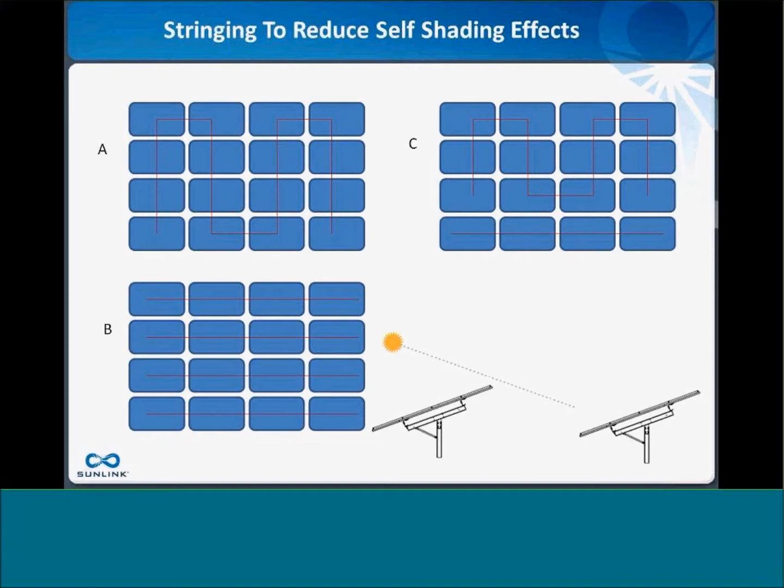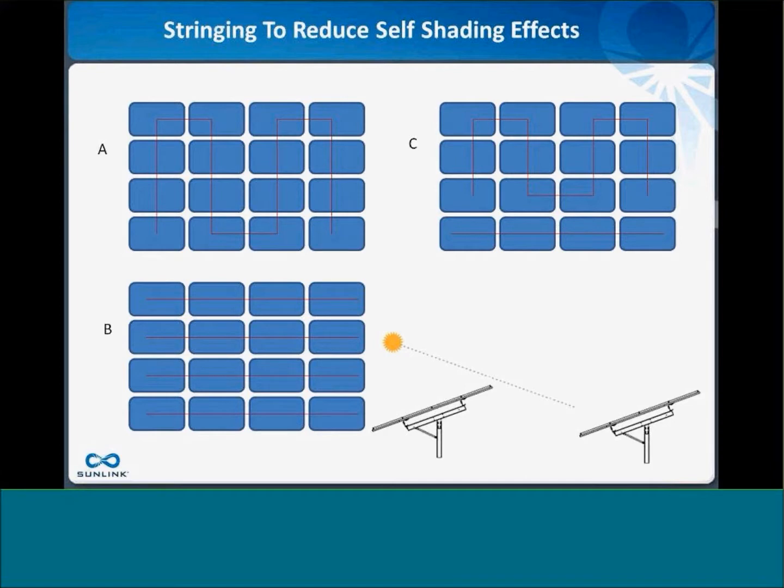In example B, you have a little bit of the opposite situation where you're stringing it all the way across, and if the southernmost row is shaded, the other three strings perform as necessary and still produce energy, which is ideal. One thing to consider is that you're limiting your row length to the string length.